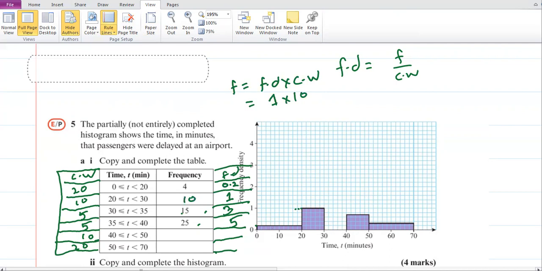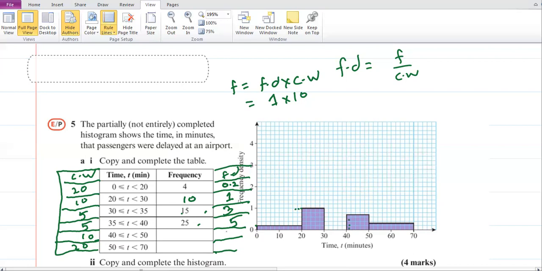In the same way, for 40 to 50, you need both things. The bar is given already. You can see 0.2, 0.4, 0.6, and this one is half, so it is 0.7.